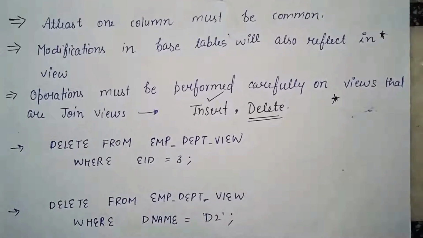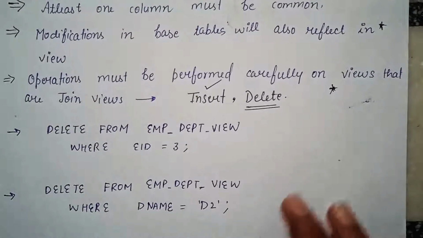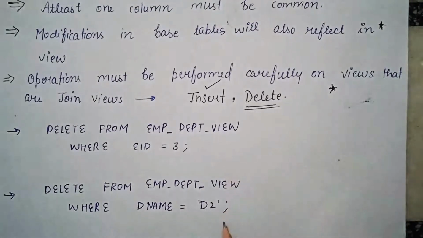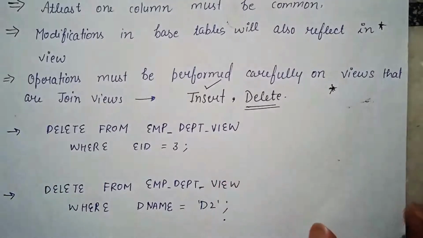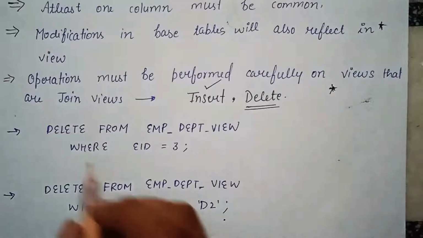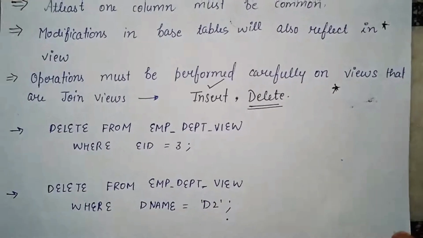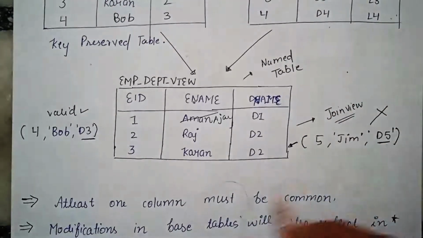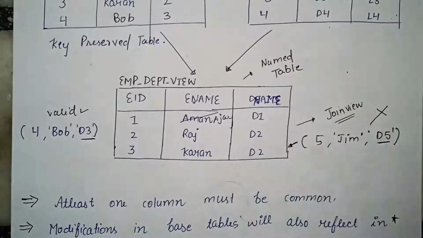Although these are both valid delete operations on their own, in the case of join views, while performing these two delete operations, there are some changes that can be made and we need to take care of this. Let's say we execute the first delete operation first. It is saying we want to delete from this view all the records that have employee ID as 3.